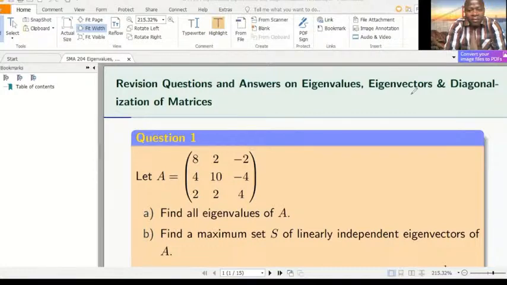Just to touch on that, if you're given an n by n matrix, we will say that this matrix is diagonalizable if it has n linearly independent eigenvectors.